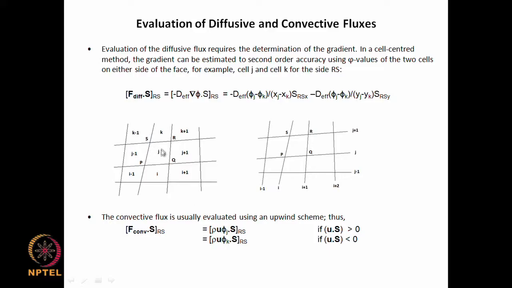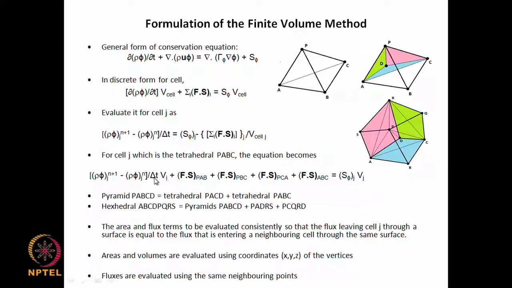So, these bring in the influence of the neighboring coefficients, and you will end up with a compact computational molecule where the value of phi j is influenced by the neighboring cell values, as in the cases that we have seen earlier. So, this is the general formulation of the finite volume method, and this is applicable for any arbitrary shape.